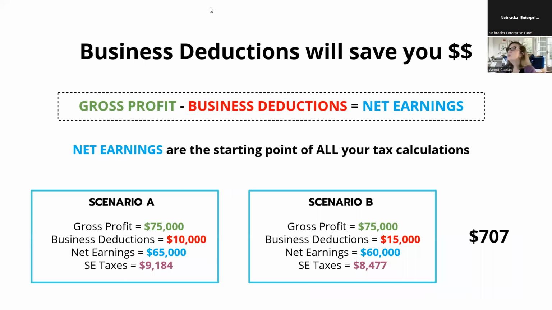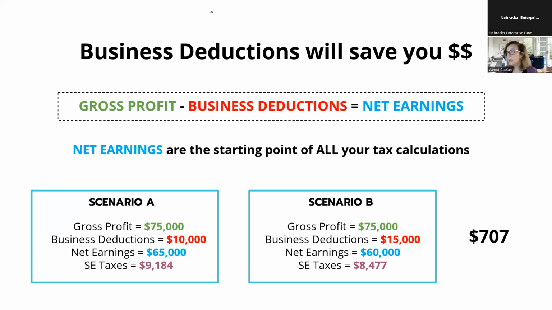Okay, great. So all of those business deductions that we just talked about are going to save you money. Remember, your gross profit minus those deductions equals your net earnings, and net earnings is where the tax calculations start from. In this case, we're looking at our self-employment taxes. In scenario A, with $10,000 in business deductions, we had net earnings of $65,000, and we owed $9,100 in self-employment tax.